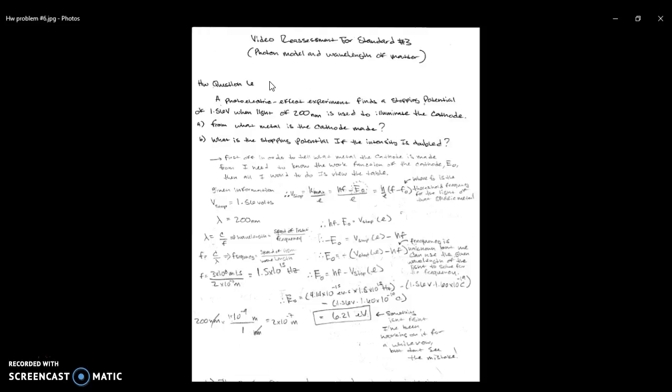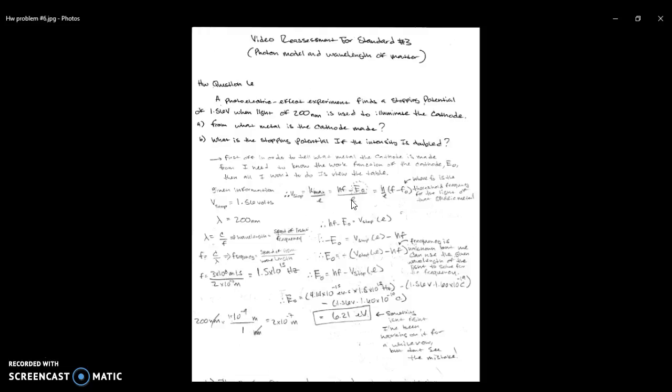We know that it's the maximum kinetic energy divided by E. The maximum kinetic energy is the energy of the electron minus the work function, because this is the energy the electron has before it is emitted from the cathode. So if you subtract the minimum amount of energy needed to get that electron to emit, that'll be the maximum kinetic energy. And if we divide that by E, we get our stopping potential.